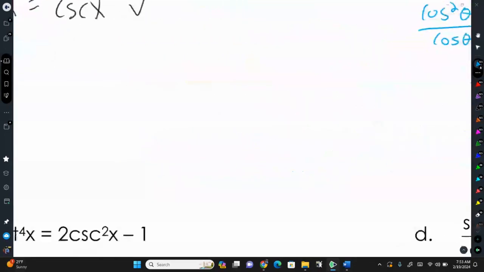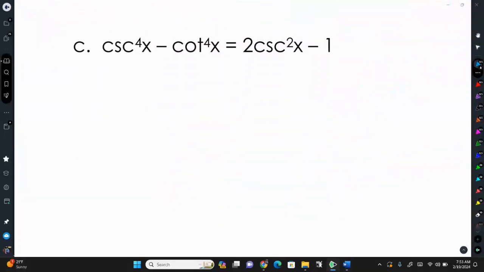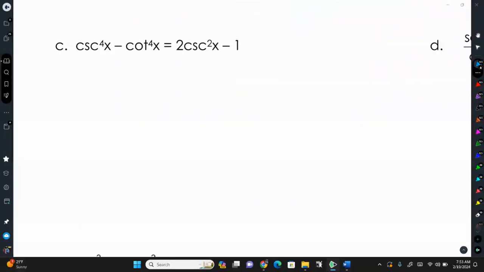All right, now let's look at letter C. So we have cosecant to the fourth minus cotangent to the fourth equals 2 cosecant squared x minus 1. That left side is a bit more complicated, and I noticed that I have to get cosecant squared, so I have to go from fourth power down to second power.